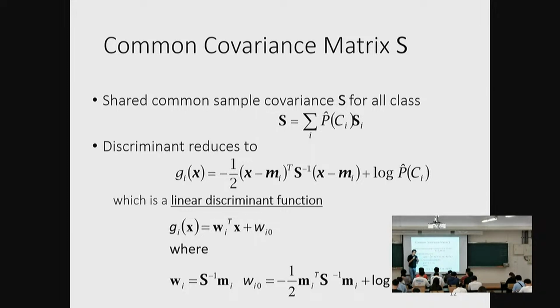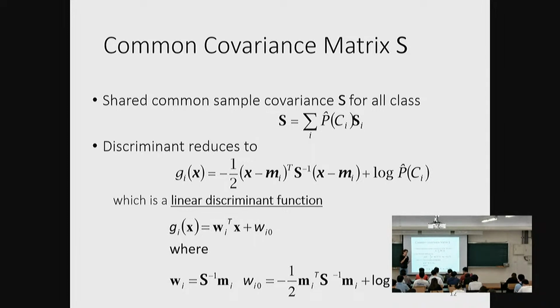So by assuming that the data for every class of your classification label comes from distributions that have the same covariance matrix, your discriminant function reduces to a linear form, which we call a linear discriminant function. Again, the quadratic discriminant function assumes every class label has its own covariance matrix.